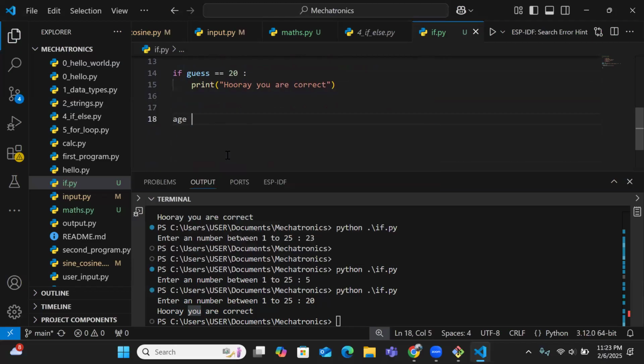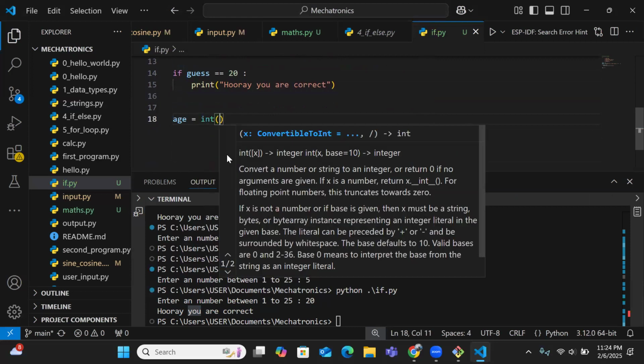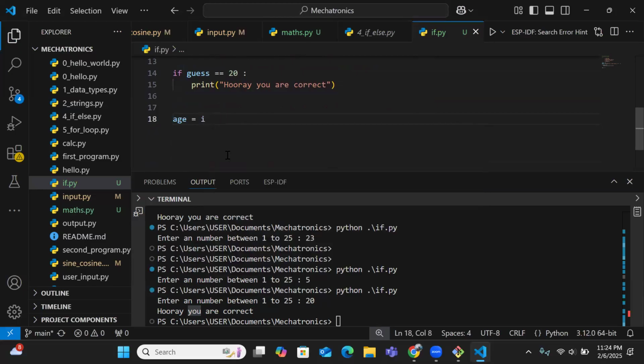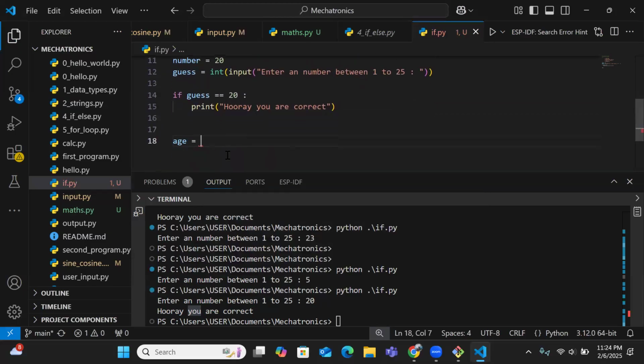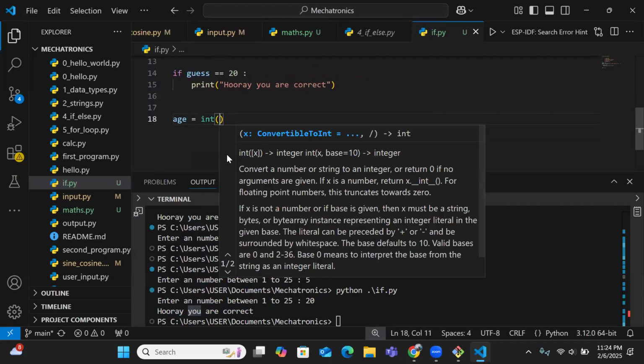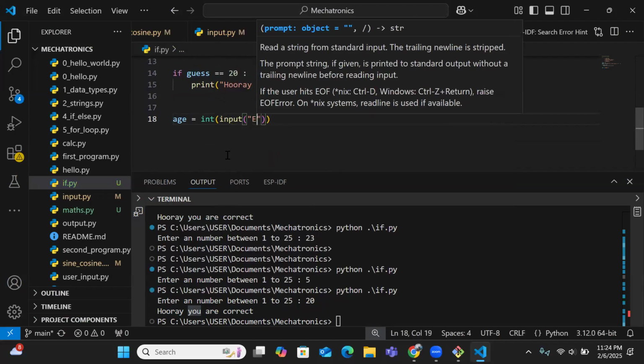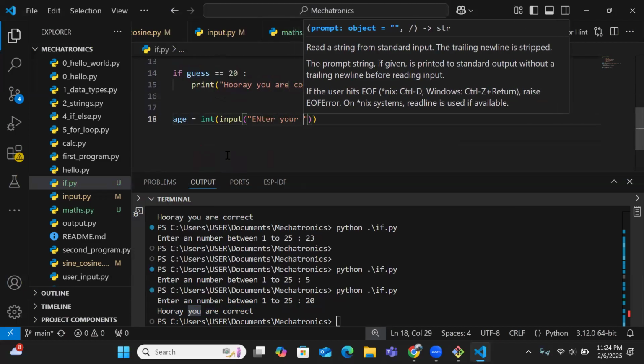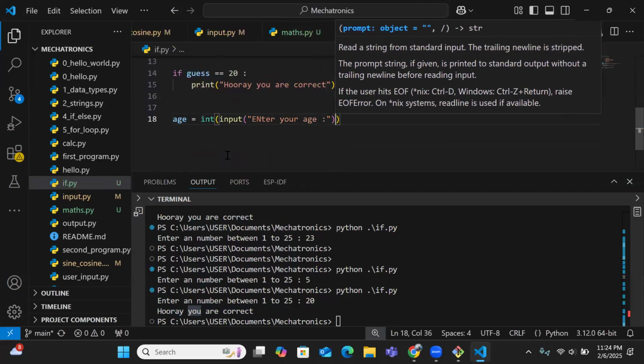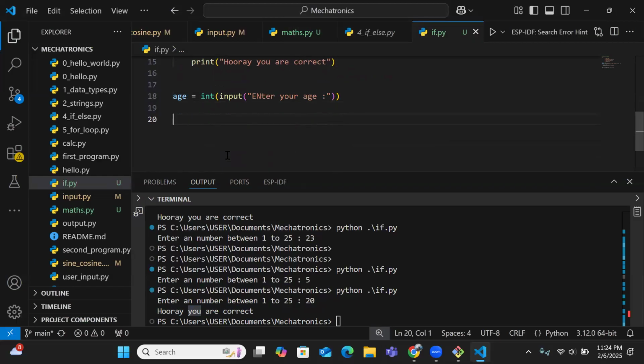So we can say age equals int, and then input, enter your age. Then we can check if your age is less than 18.